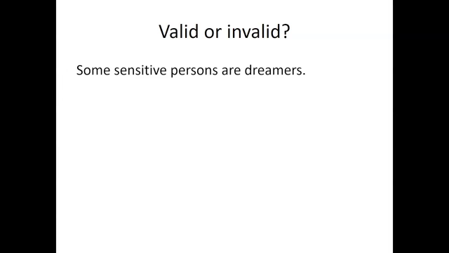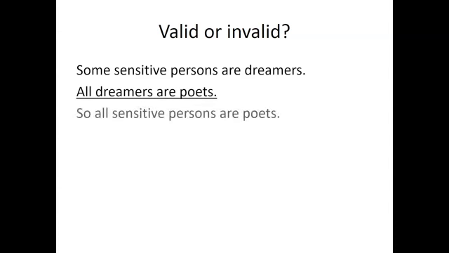Okay, now for a different sort. Some sensitive persons are dreamers. All dreamers are poets. So all sensitive persons are poets. And we see that the form of this is different.